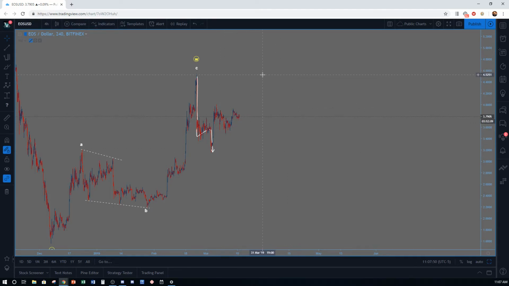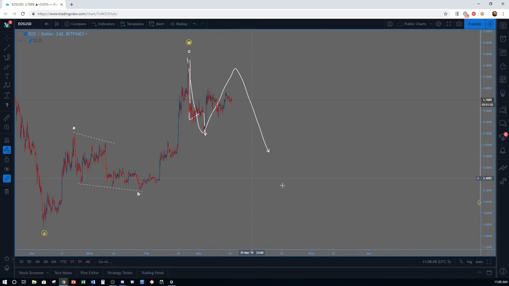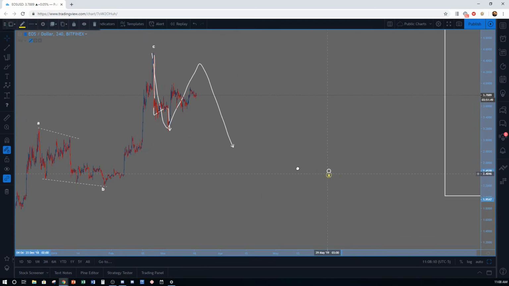We could reach similar highs and make some kind of A, B, C. But after that, the question becomes, is this all a W, followed by X, followed by Y? Or are we complete with an ABC being our X wave?